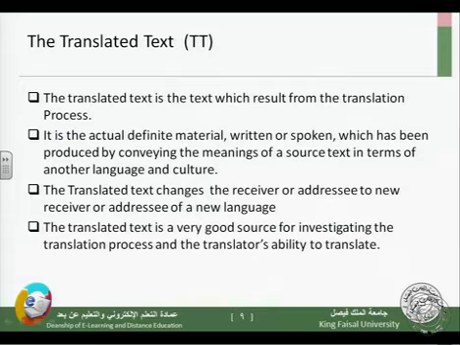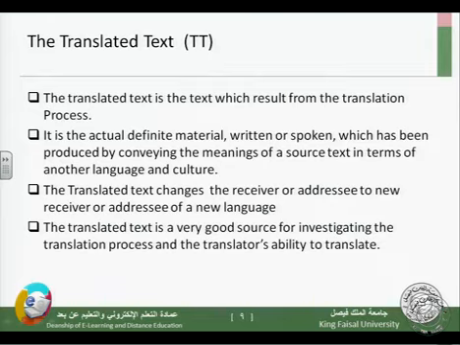To put it more simply, you want to translate this text from Arabic into English. Okay, source language, element 1, source text, element 2, translator, element 3. Now the translator takes the element 2 and works on it, processes it, and produces what? It produces a translated text.